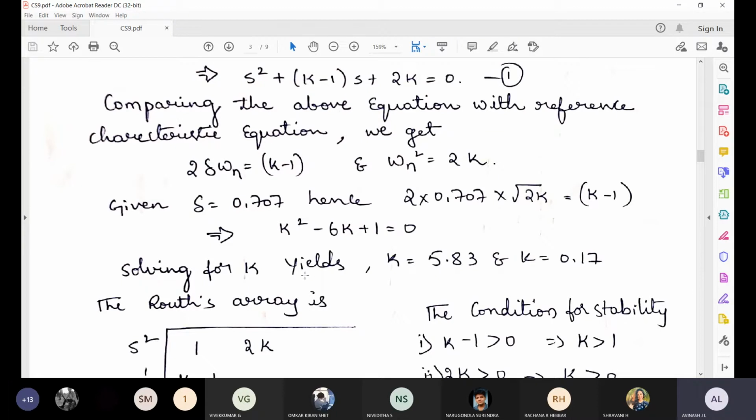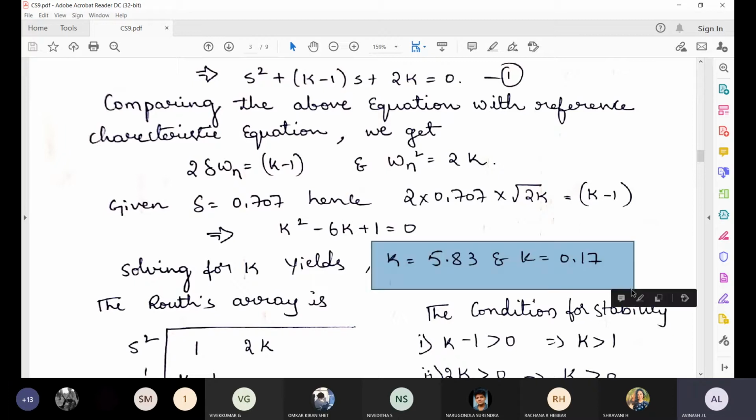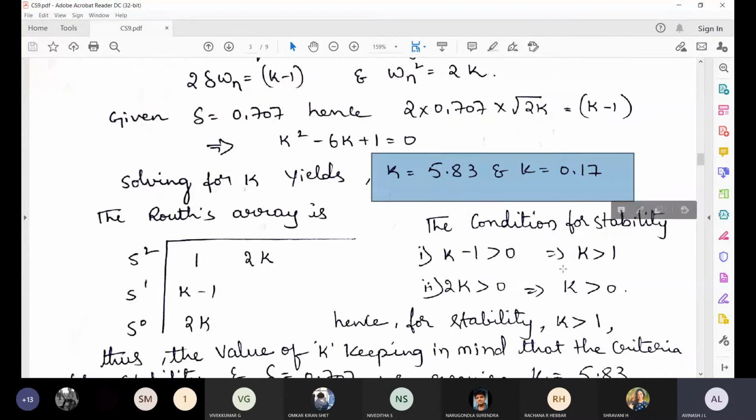We find the k value using the calculator also. You will get k equal to 5.83 and k equal to 0.17. This is the thing you are going to get, all of you.